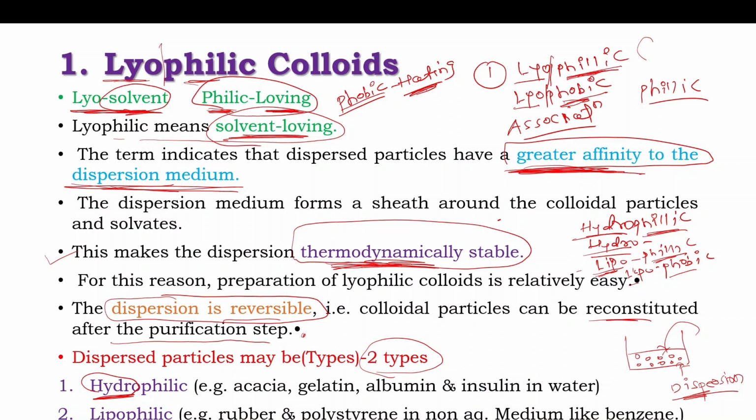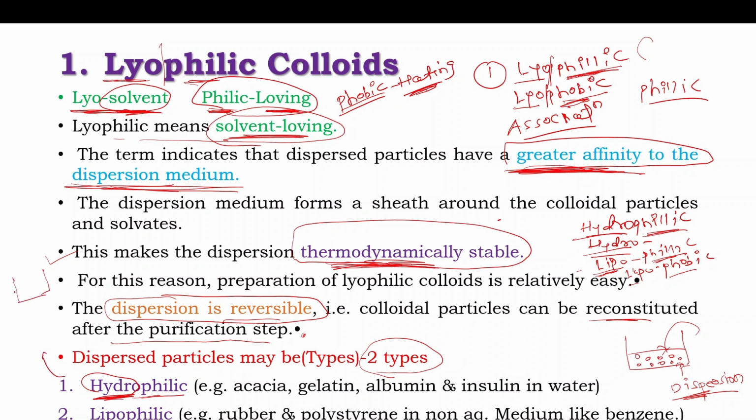So in hydrophilic, hydro means, we know, it is the water, and lipo means it is the oil. Hydro that is water loving, lipo that is oil loving. Consider 2 examples.